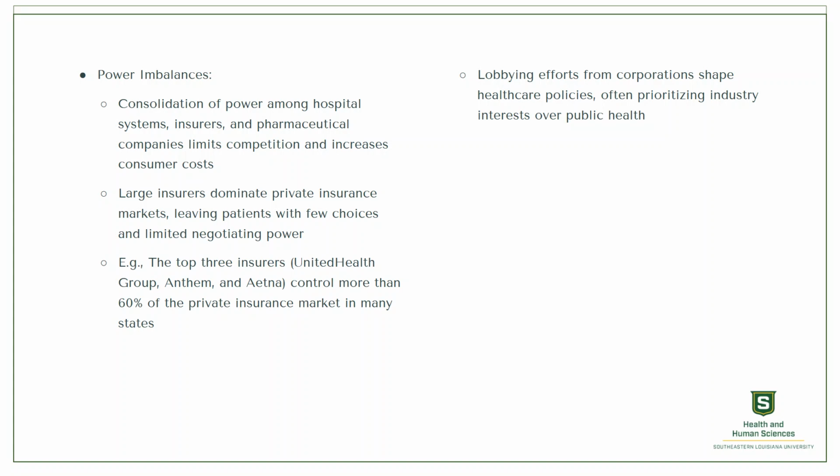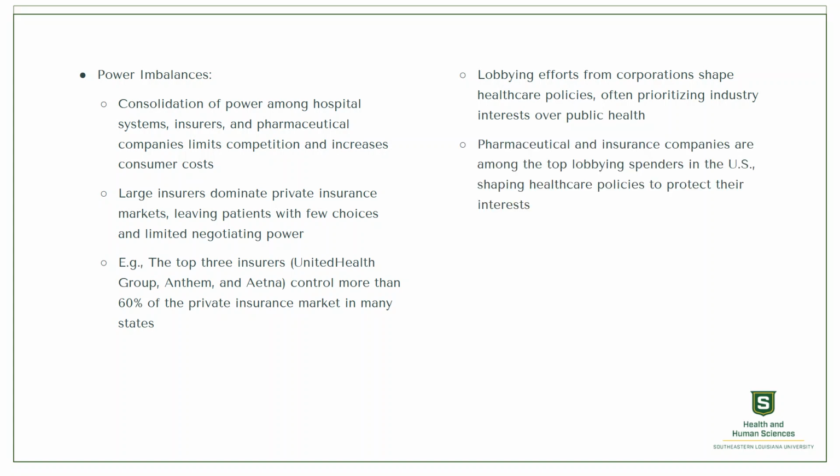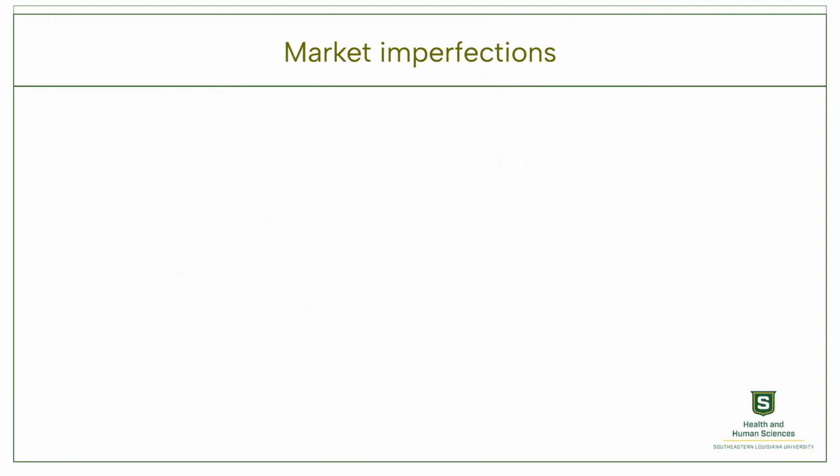So this is one of the things that bring about power imbalance. Same thing happening with pharmaceutical companies spending a lot of money on lobbying in the US, making sure that health policies protect their interest and also leave them able to keep on making billions in profit.